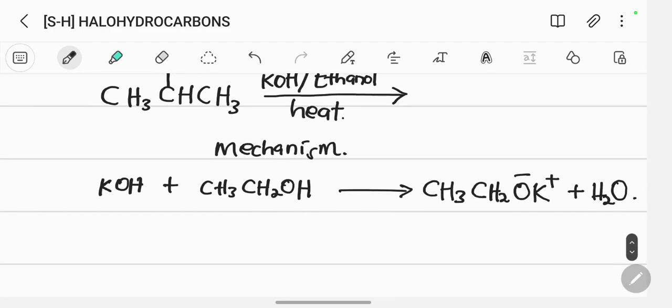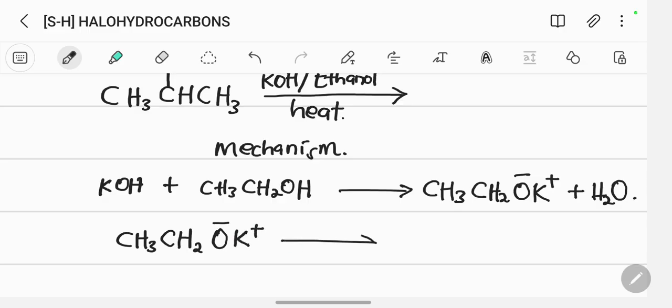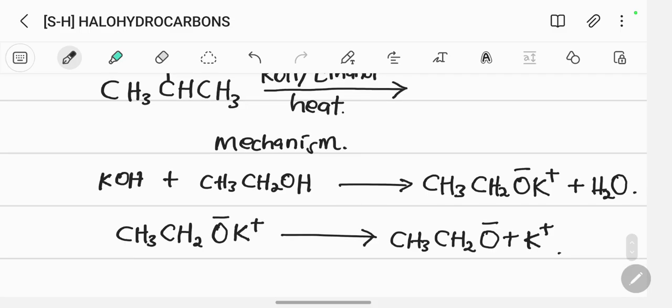Now this is going to dissociate, so potassium ethoxide will dissociate into CH3CH2O- plus potassium ions, like that.